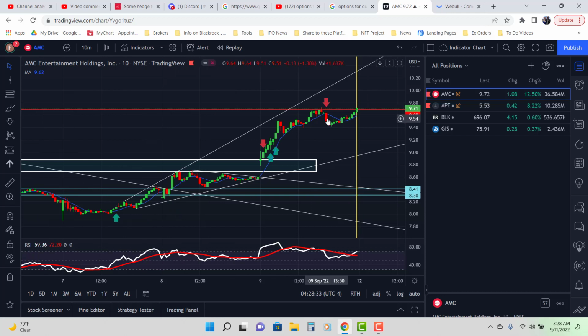And when it bounced off that and it came down, I said, nope, this stock has the potential to come down to test this support line, or it can run up and bounce off this resistance line. I wasn't willing to take the chance. I'm up 50% right there on the down candle. I sold, and I made another 50%. So total, I made 157% on those two option plays.